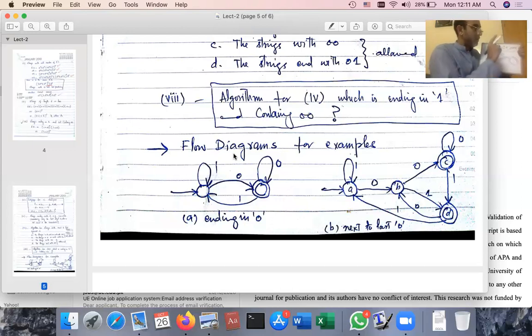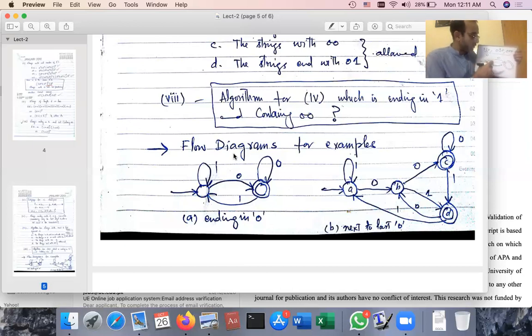So in the initial state you are taking this zero and reaching the final state. So now this minimum string is accepted by this flow diagram, by this finite automata.